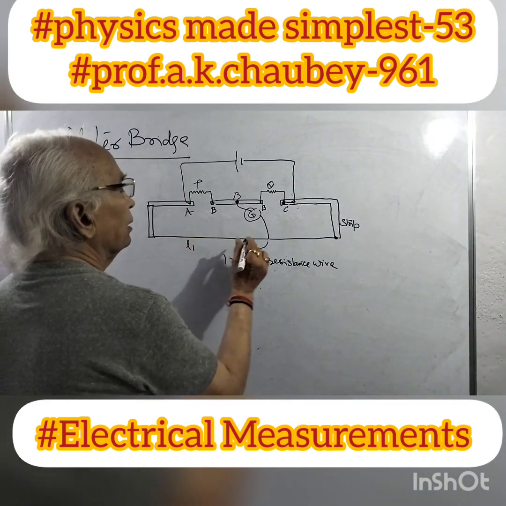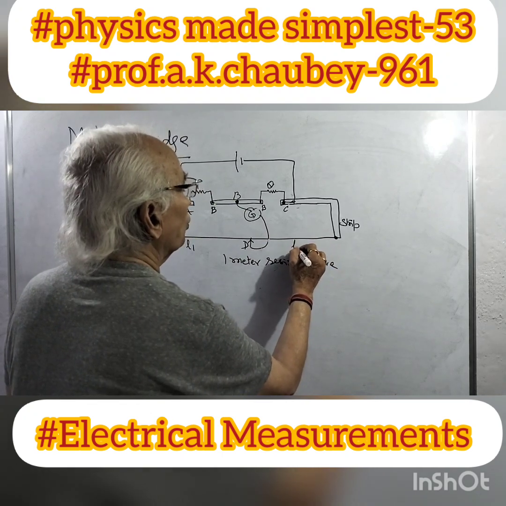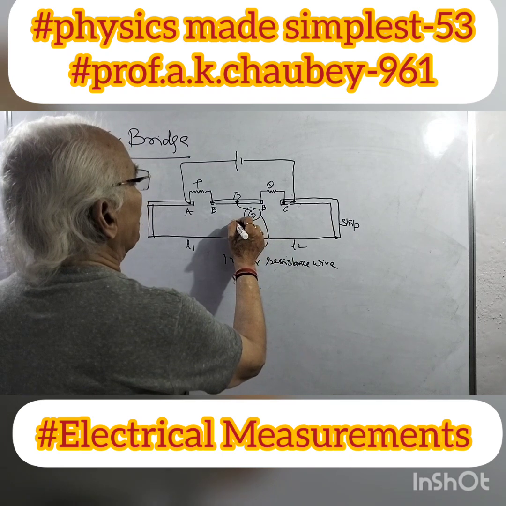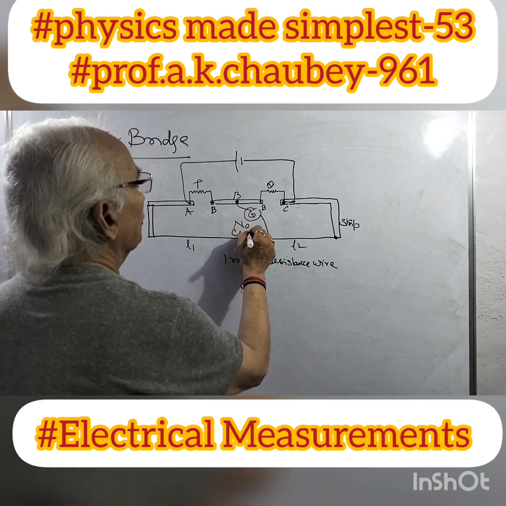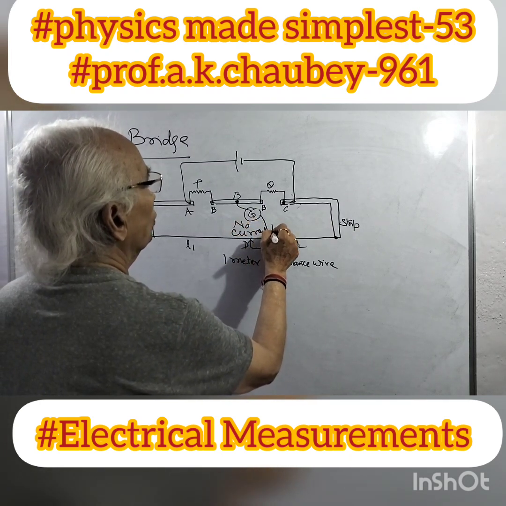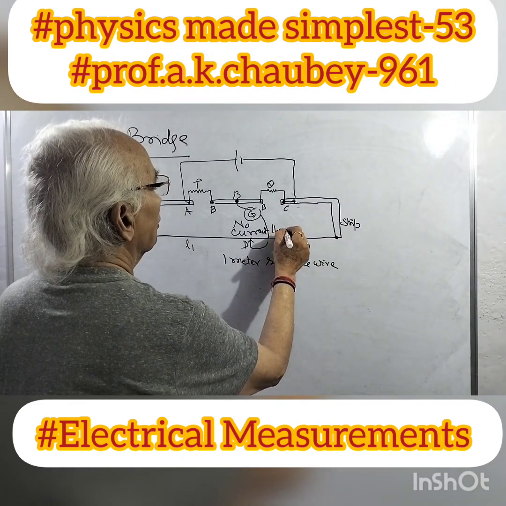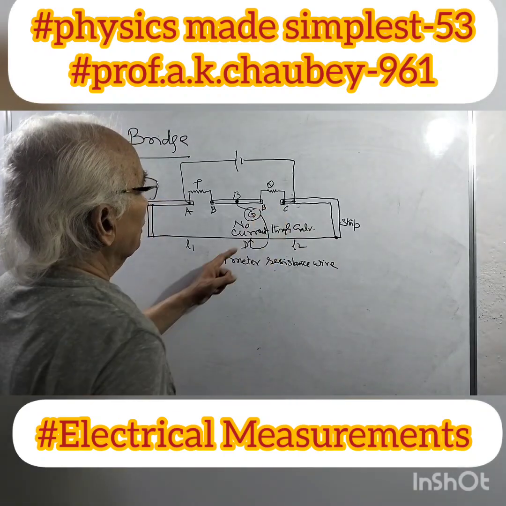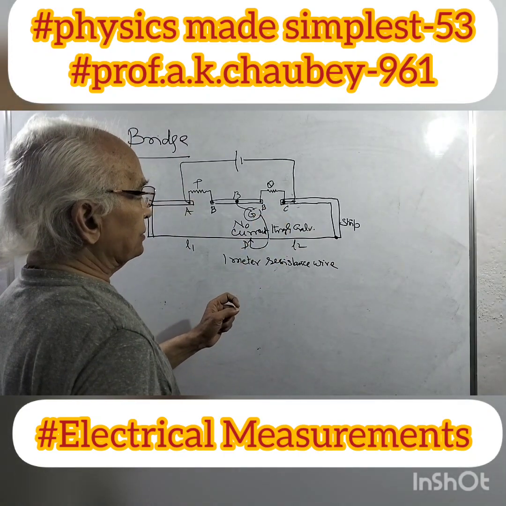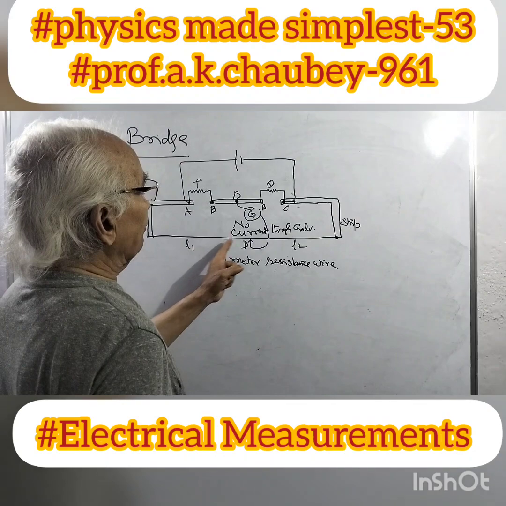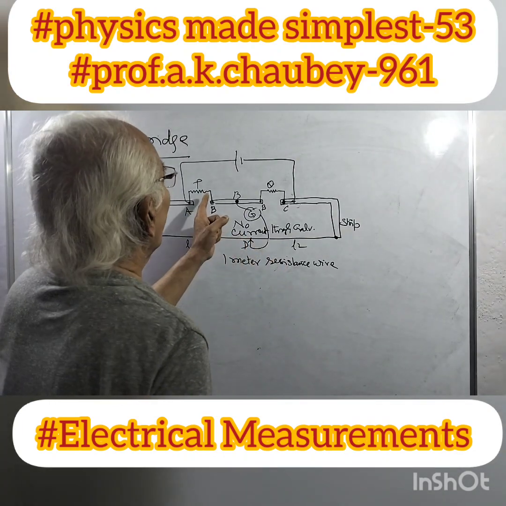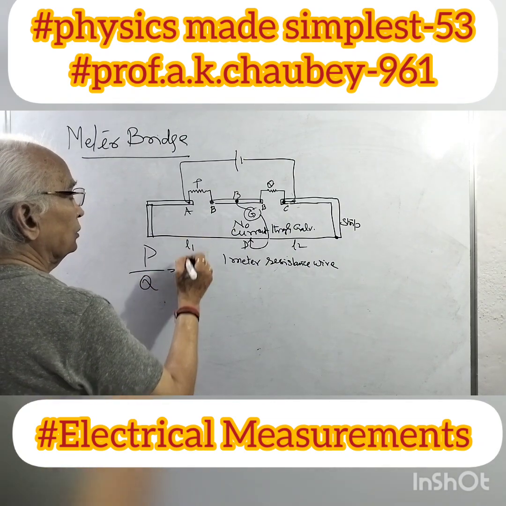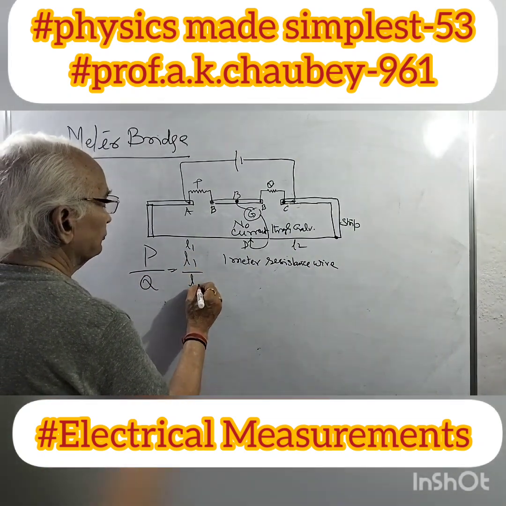So L1 is the resistance of this part of the wire, L2 the other, and at this point D, where no current flows through the galvanometer, the bridge is balanced. So by getting this L1 and L2, we get P over Q is equal to L1 over L2.